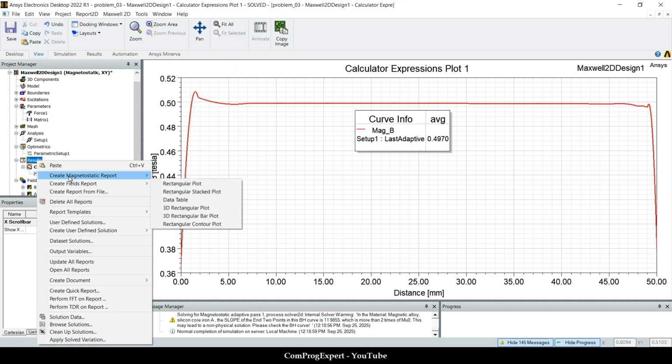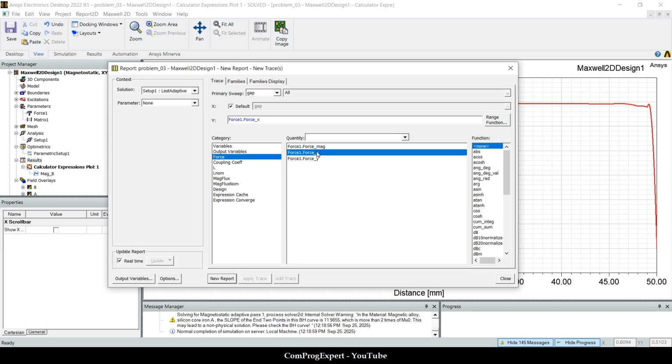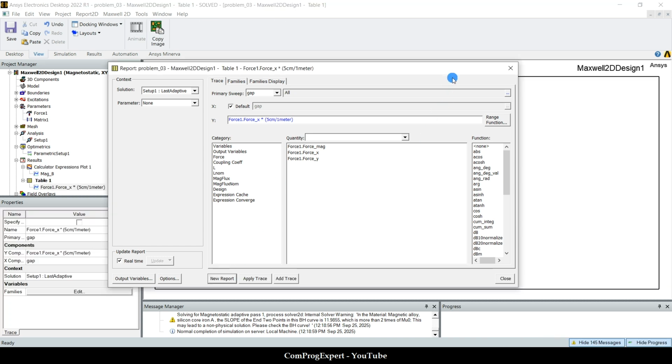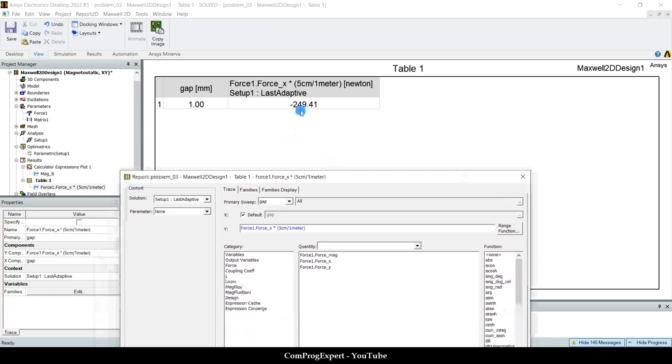In this case, the magnetostatic report data table, the force X and Y. The force X, again, we should multiply it by the depth of the problem, 5 centimeters divided by 1 meter, because the depth of the problem by default is 1 meter. Okay, this is the value of the force Fx.